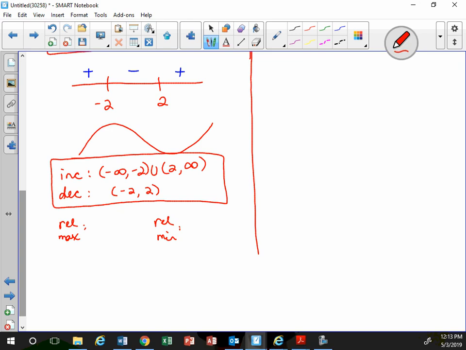Because it's the max or min of the original one that I'm talking about. So if I plug a -2 into that original, what do I get? -8 minus 6, so plus 24, 16. 16 at x equals -2.